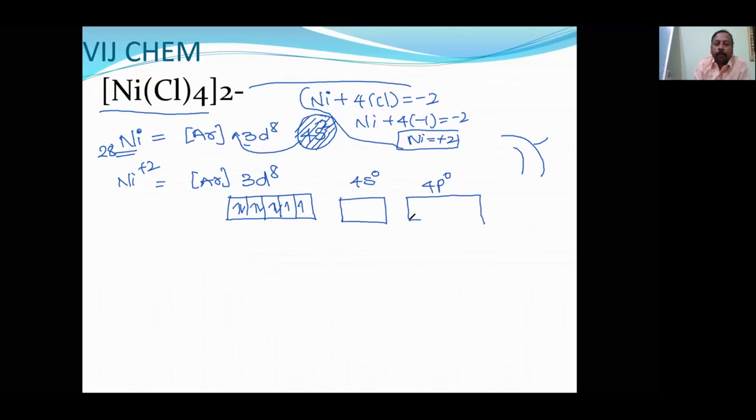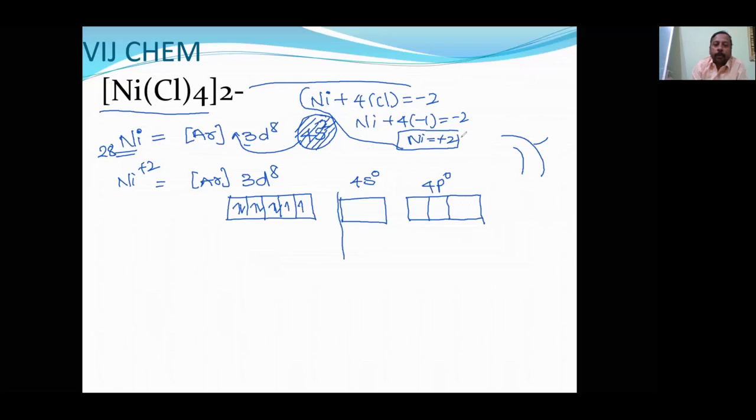The difference between covalent bond and coordinate covalent bond lies in hybridization of orbitals. In covalent bond, we hybridize half filled orbitals. So if an electron is there, then only we will hybridize for the covalent bond. But in coordinate covalent bond, we will hybridize only empty orbitals.